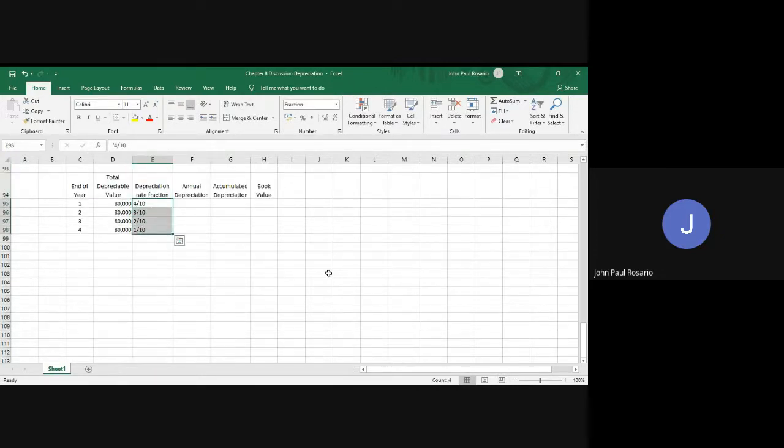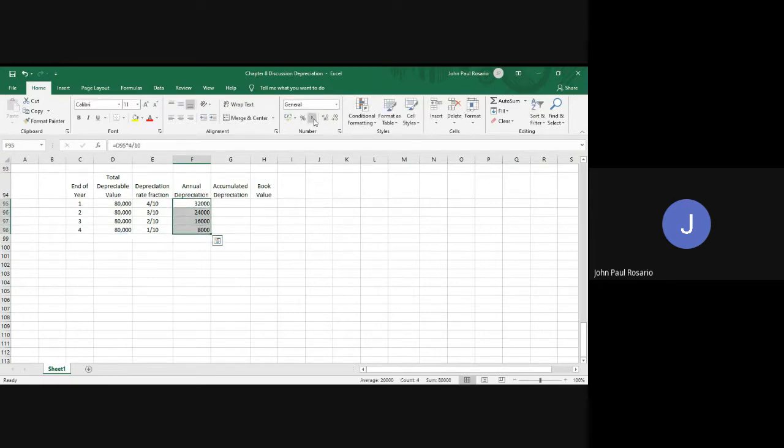Your annual depreciation will be this one multiplied by 4 over 10 for the first year, then times 3 over 10, which is your fraction, then this one multiplied by 2 over 10, and lastly this one multiplied by 1 over 10.